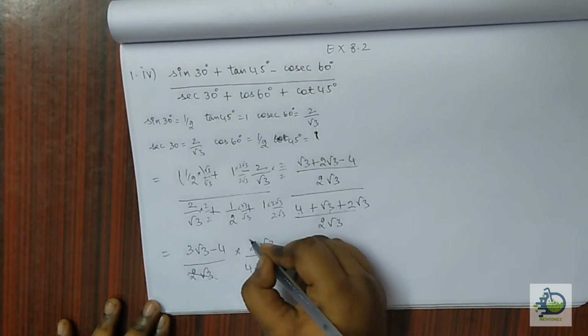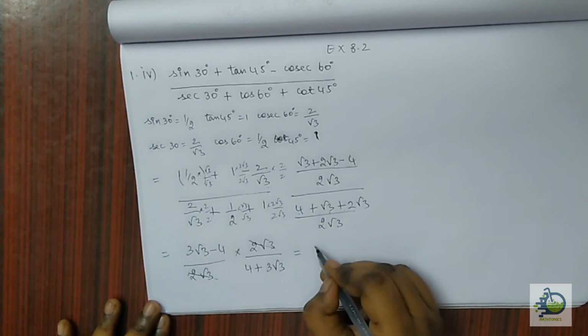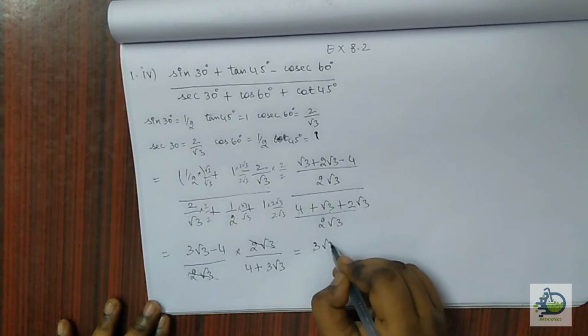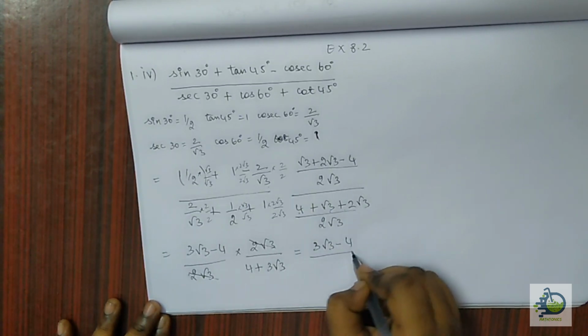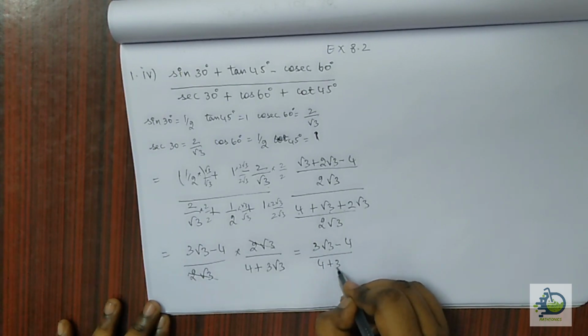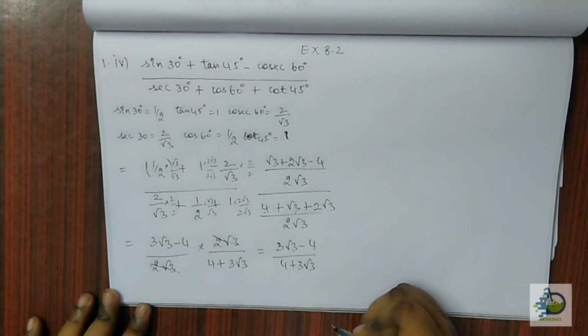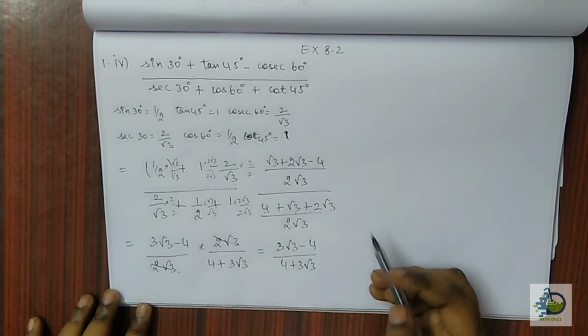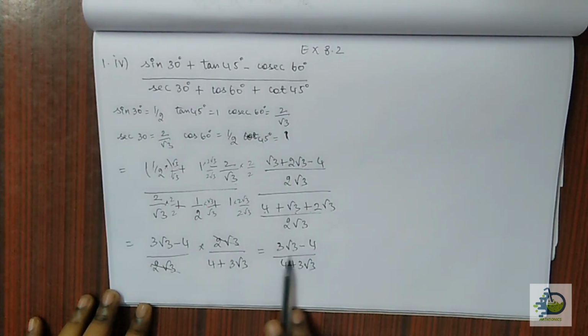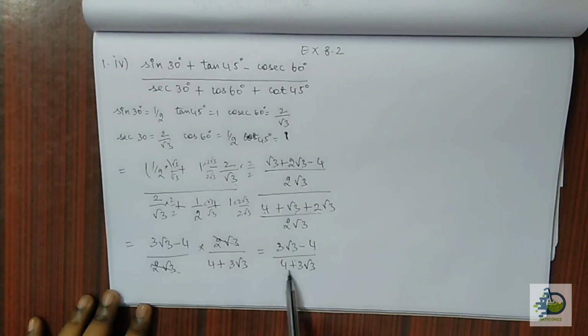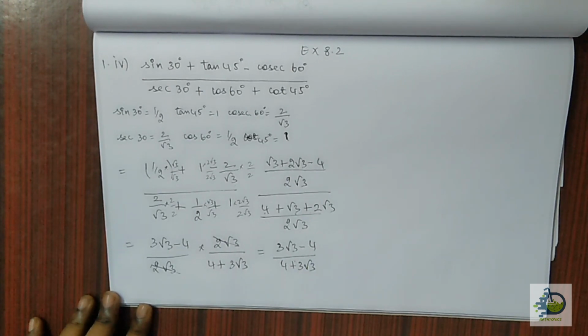So here 2 root 3 and 2 root 3 gets cancelled and we get 3 root 3 minus 4 divided by 4 plus 3 root 3. Now we are going to take conjugate for this. Conjugate is nothing but we are going to multiply and divide by the denominator except a small change. We will be changing the sign of the denominator.